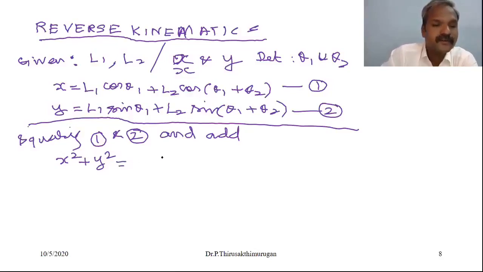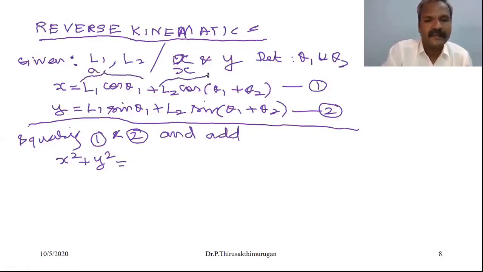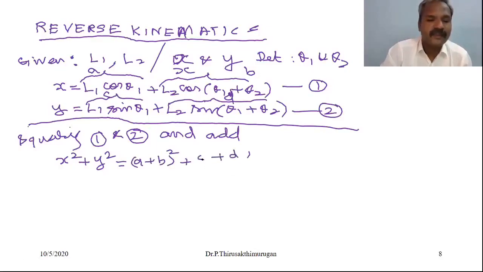Here, consider this as A, this as B, this as C, and this part as D. So A plus B whole square plus C plus D whole square.